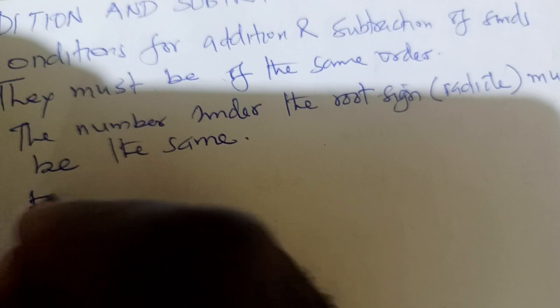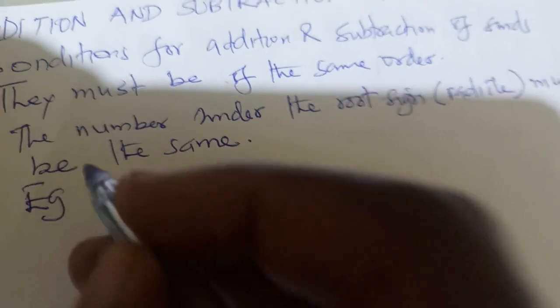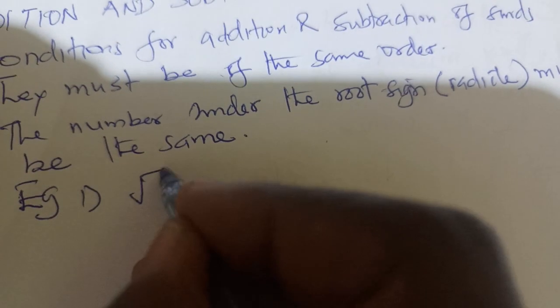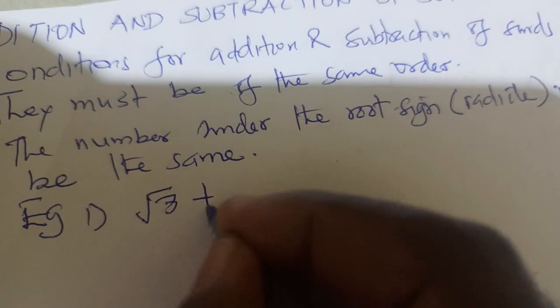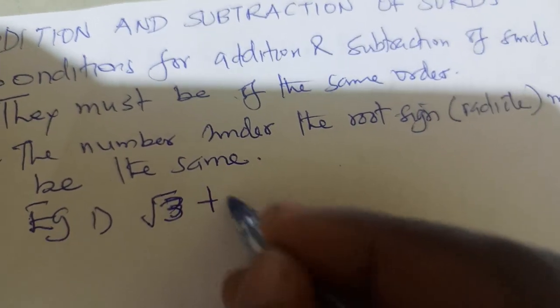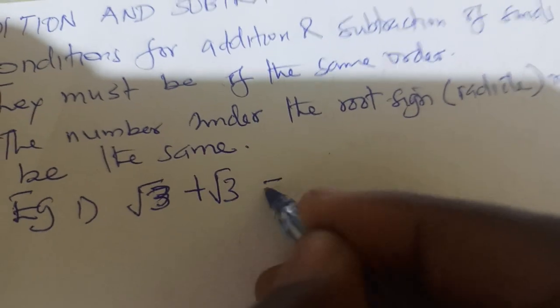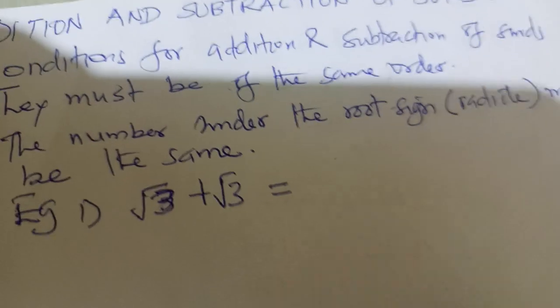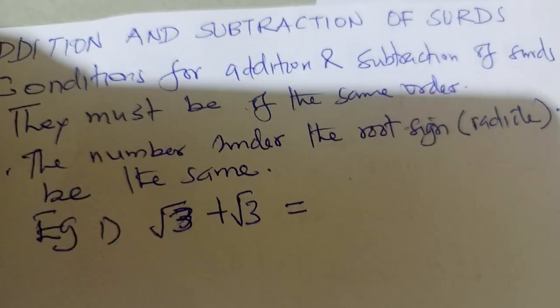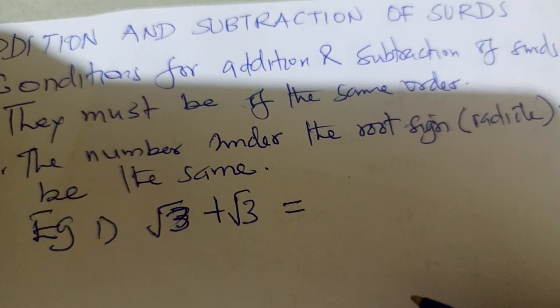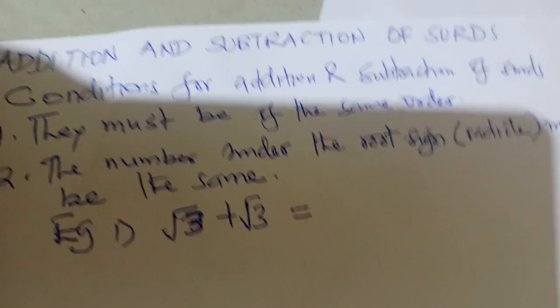So for example, if you are asked to evaluate or to add root 3 plus root 3. These are two surds, both of the same order, order 2, and the number under the root is 3. So these can be added because they fulfill the conditions.